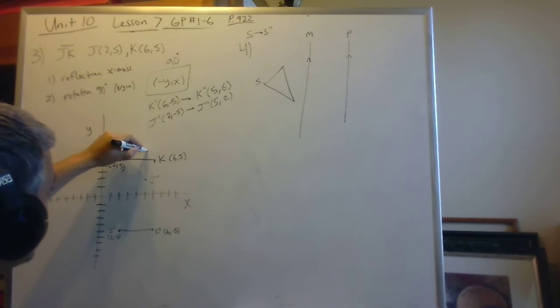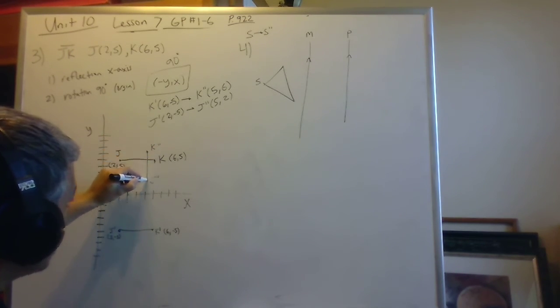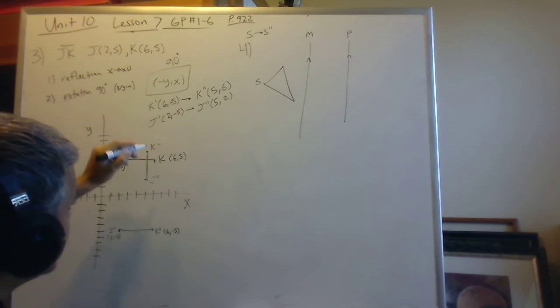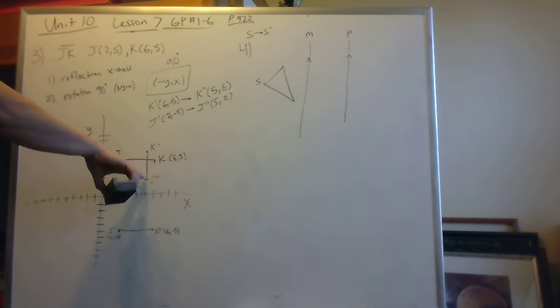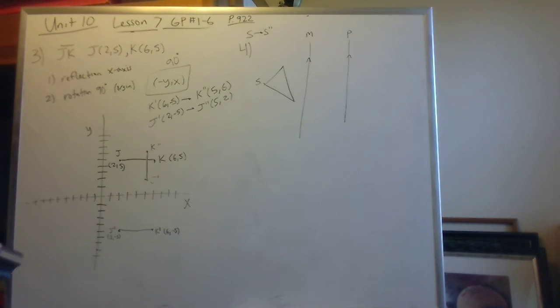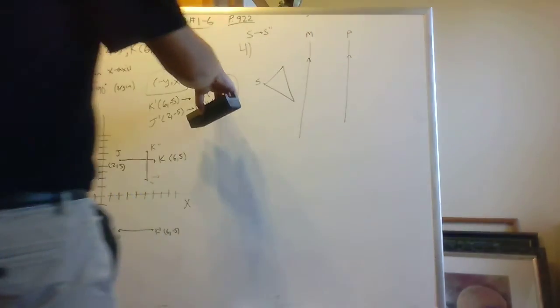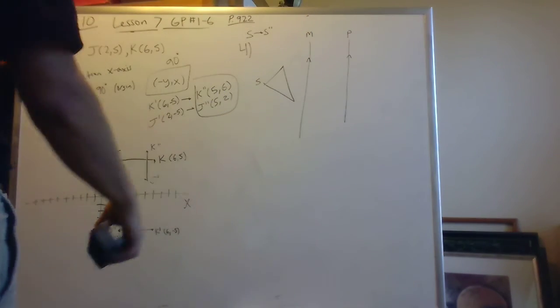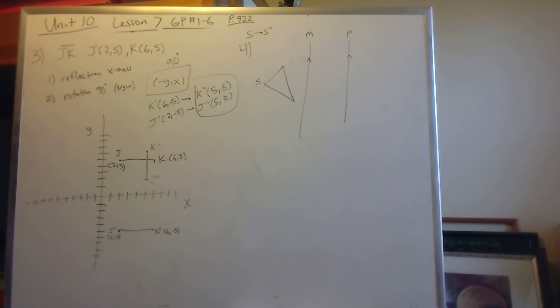So it's right here. So our final solution is this horizontal line, or sorry, this vertical line right there. And the points again for K double prime is at 5, 6, and J double prime is at 5, 2. So it's this vertical line right here.